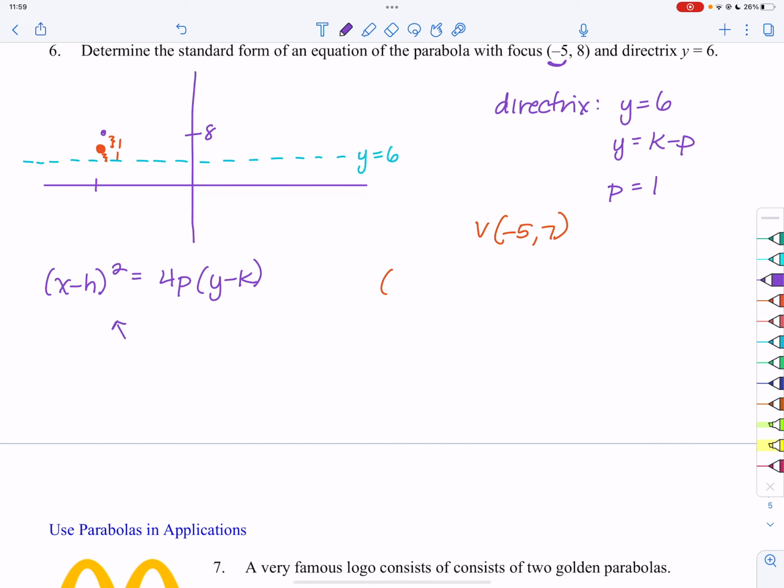We do know that we are opening up since p is 1.